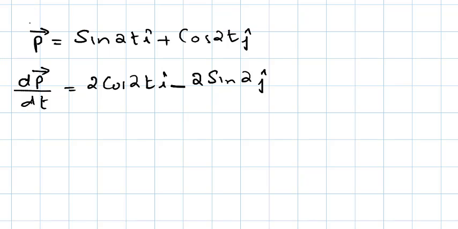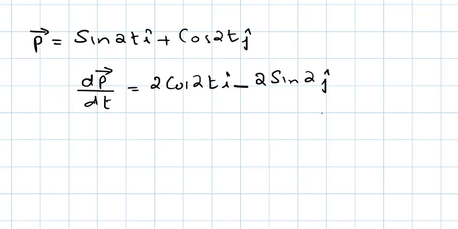And you can see that if you take the dot product of momentum and force, then you will get 0. Because this is actually the force vector.